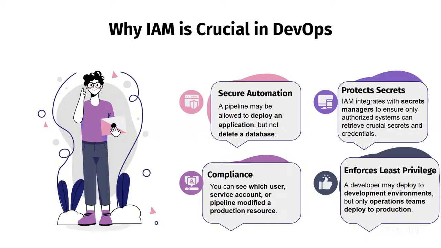For protecting secrets, you can integrate IAM with the secrets manager to ensure that only authorized systems can retrieve crucial secrets and credentials. And IAM helps with compliance, so you can see which user, service account, or pipeline modified a production resource. With IAM, a developer may deploy to development environments, but only an operations team deploys to production. So that's enforcing least privilege.